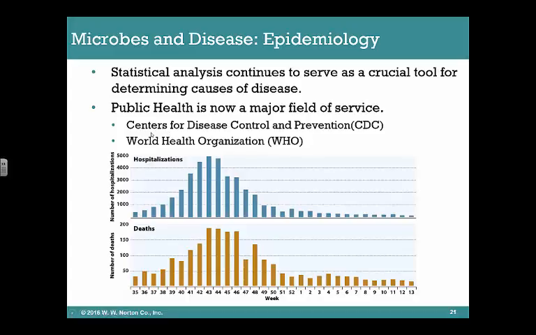And two organizations that are really major contributors to this worldwide are the Centers for Disease Control and Prevention here in Atlanta in the U.S., also known as the CDC, and the World Health Organization, also known as the WHO, which is more involved in not just national diseases, but also diseases worldwide. And really in the world we live in, with such frequent global travel, most diseases are a global concern if they're highly infectious.